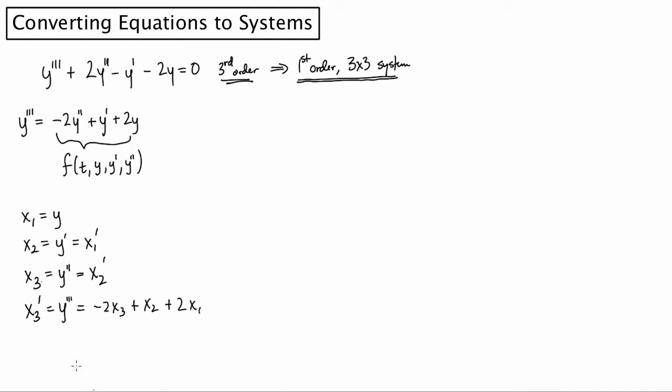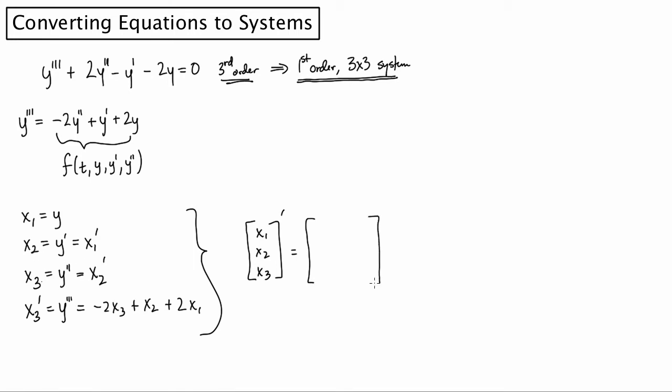The point here is I can write each one of these in terms of the others. The easiest way to look at this is to take these last three equations, and what they represent is something like the following. The dependency now is on x1, x2, and x3, and the derivatives are equal to things involving x1, x2, and x3.